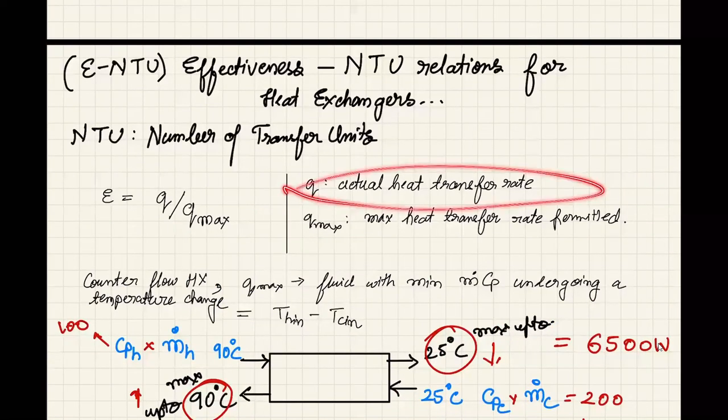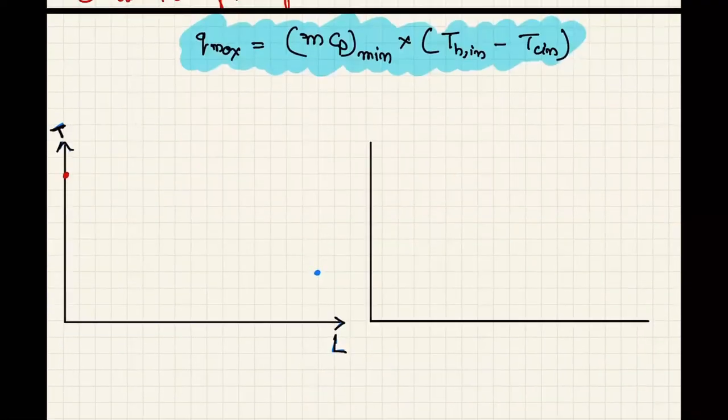How much actual heat transfer rate you need in your case will be given by Q, that is the actual, and Q max is the maximum that I can get. I hope things are clear till here. And this is the definition for Q max and epsilon.